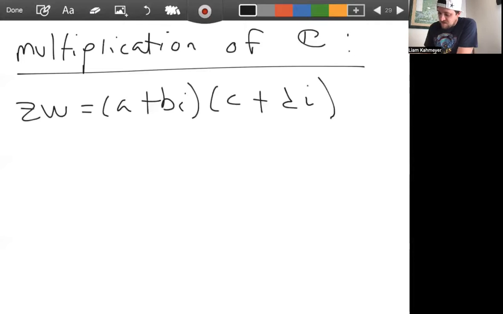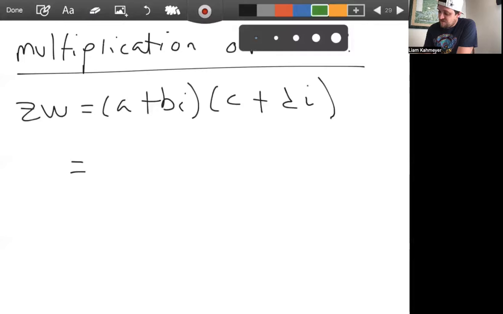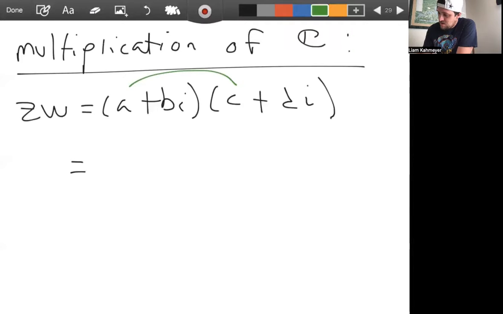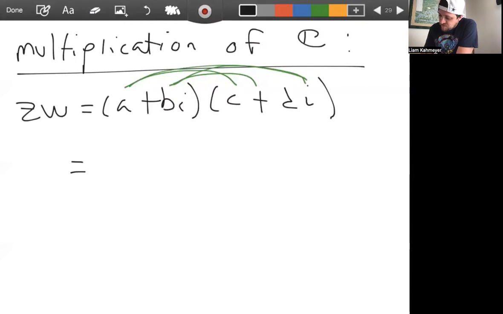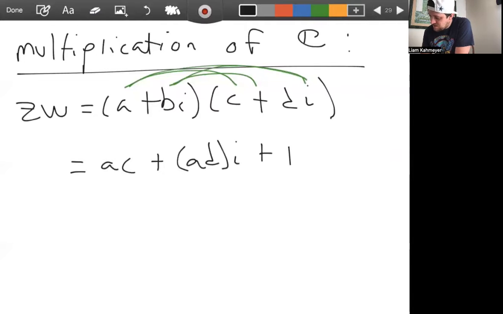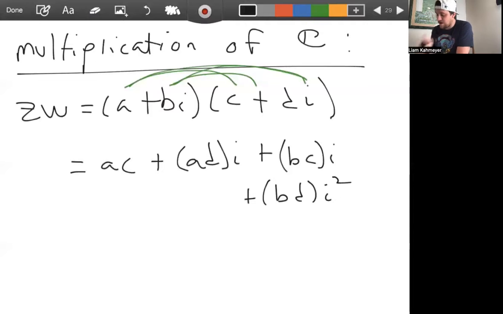Then we FOIL this: first, outside, inside, last, if you've heard that phrase before. So the first term is a times c, plus a times di, plus b times ci, and the last term would be plus bd i squared.